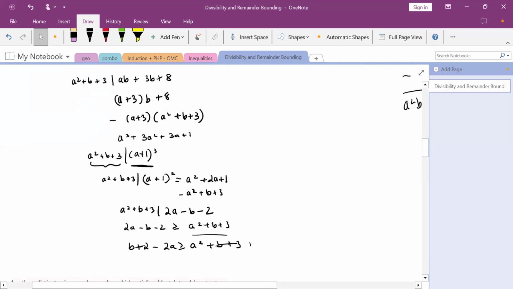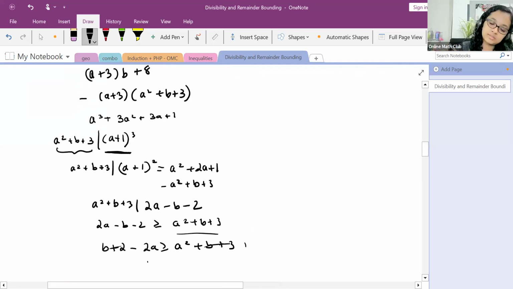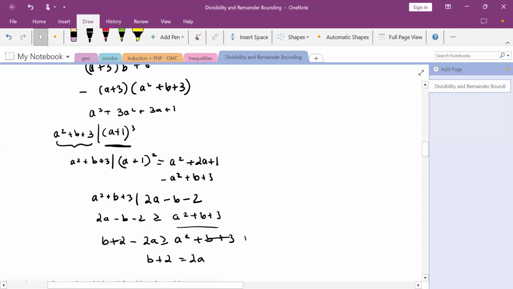Okay, yes, that case is also there. If this thing is 0, then we get b plus 2 equals a.